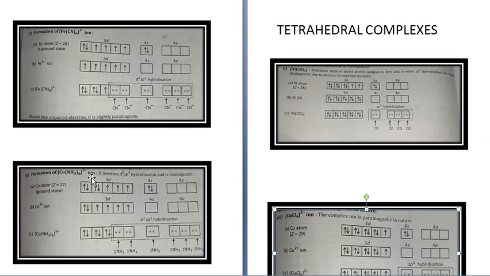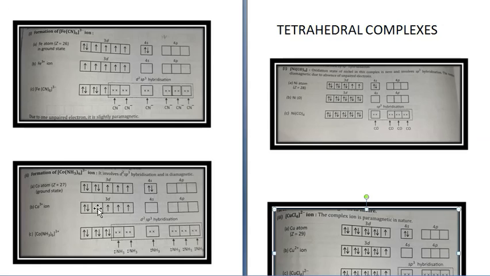Now this also involves d²sp³ hybridization. In this case, cobalt has atomic number 27. In the ground state, you will see 2 of the 3d orbitals are filled with 2 electrons, 3 are filled with a single electron, and here also 4s² is there. Now when it becomes Co³⁺, it will lose 2 electrons from 4s and 1 from 3d.